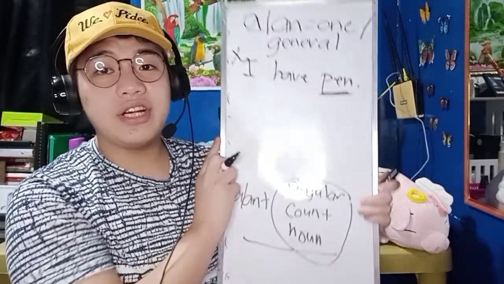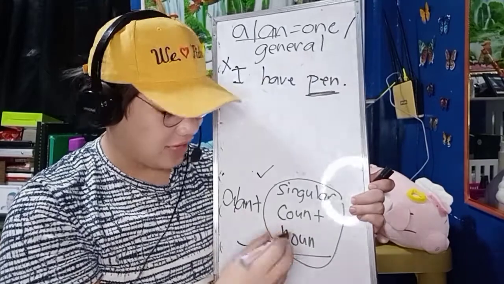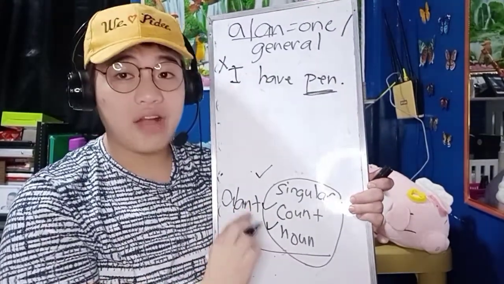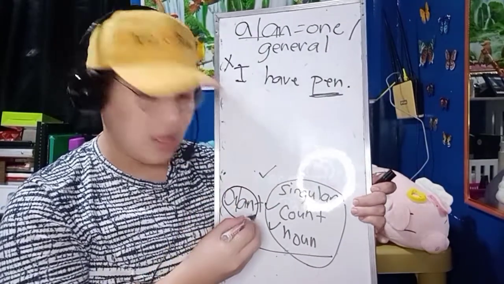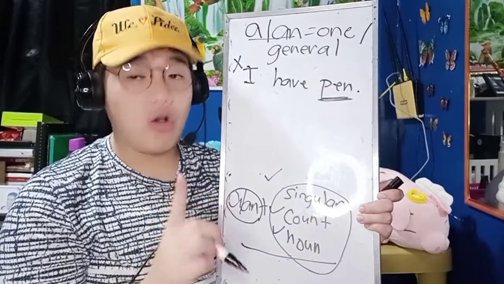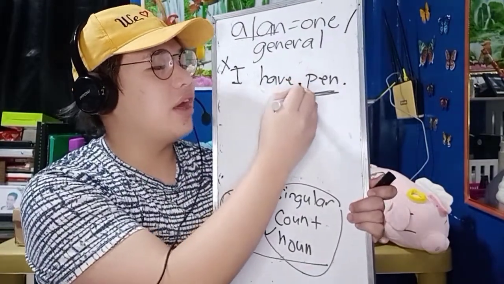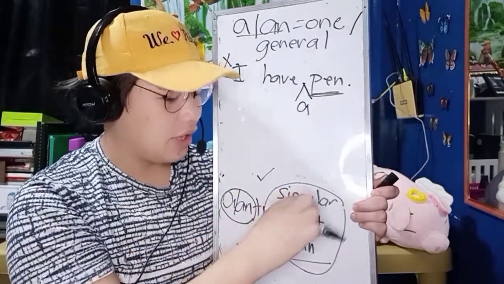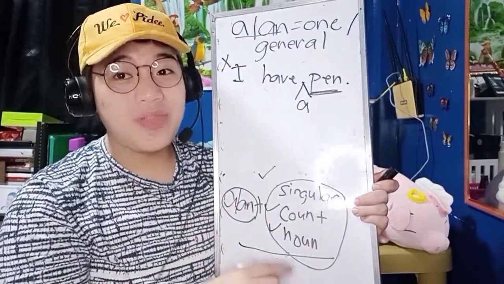Yes, it's singular. Pen is count? Yes, it's count. Pen is a noun? Yes, it's a noun. Therefore, if it's singular, count, noun, there must be an article a or an before it. So you have to put there article a. Why? Because pen is singular, pen is count, and pen is also a noun.